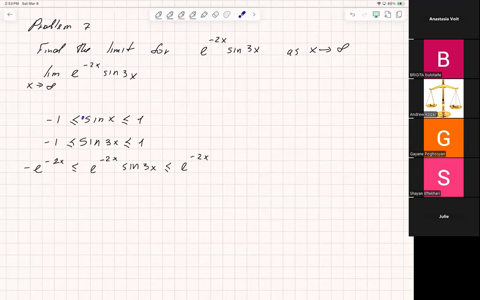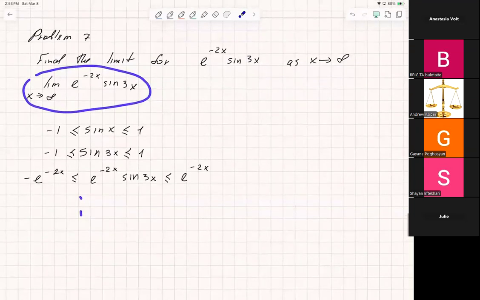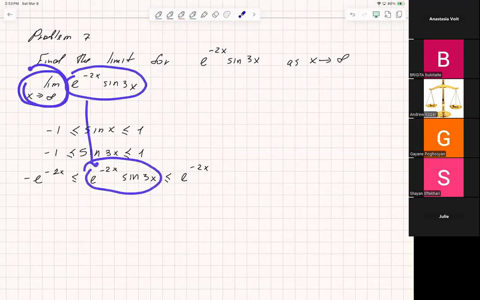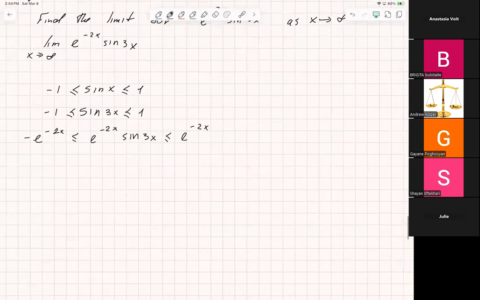Essentially with all these steps, we are getting closer and closer to our original question. This is where we are so far. The only thing left to do is to apply the limit to all three sides.